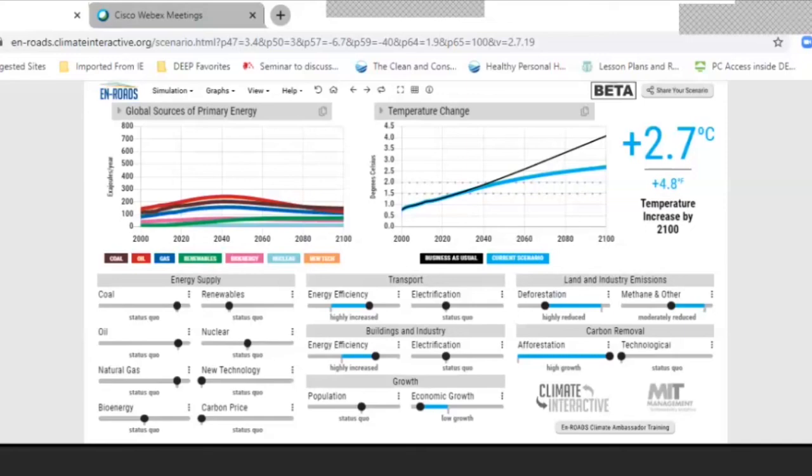So what are some of the things that we could still do that we haven't talked about? We didn't add electrification of transport. So if we incentivize buying hybrid vehicles and electric vehicles, we didn't alter the temperature there, but we did cause a big dip in the oil line.